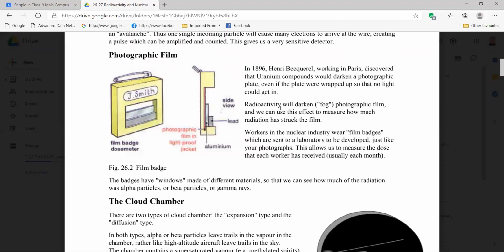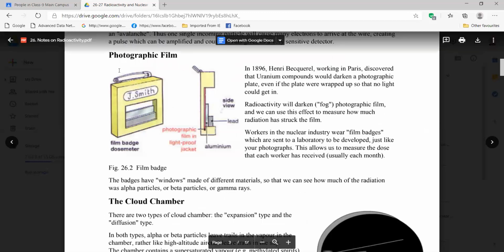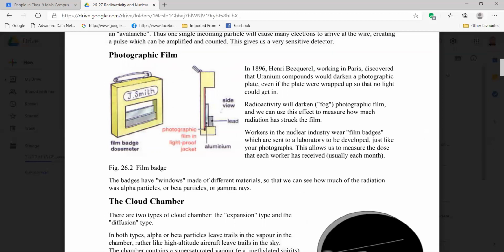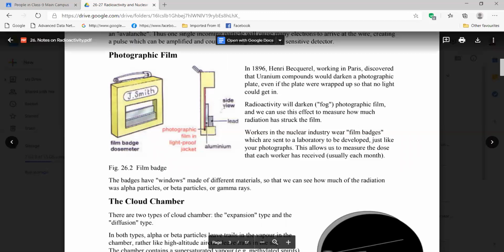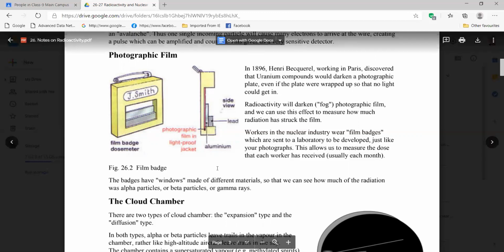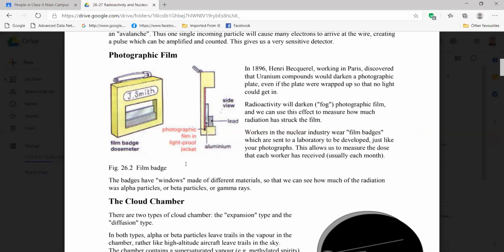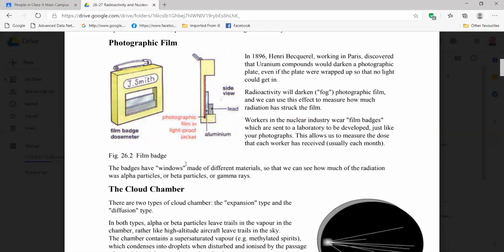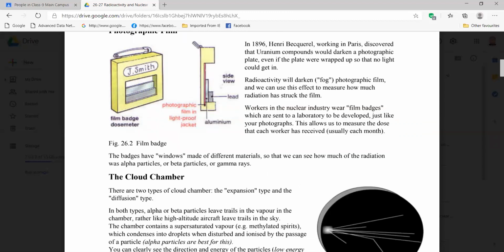And here you also have the name photographic film, and it's used especially in nuclear power stations. For those working in nuclear power stations, how much radioactivity is exposed to their body, they get the reading at a monthly rate. That way they can take preventive measures.